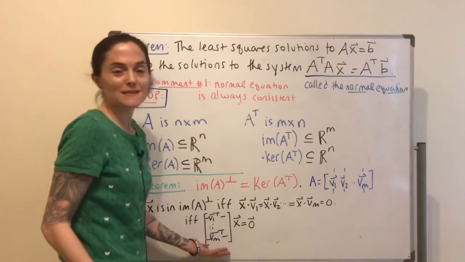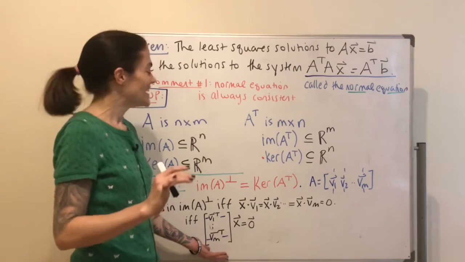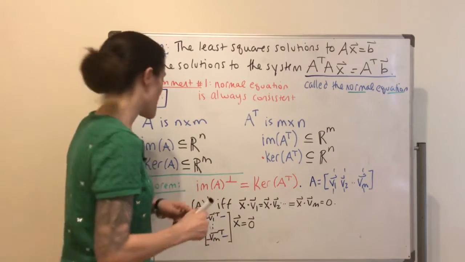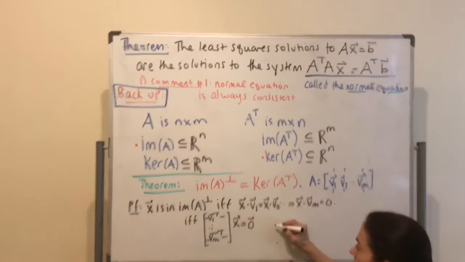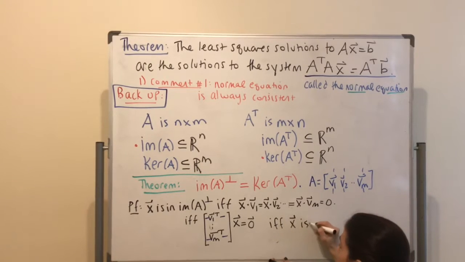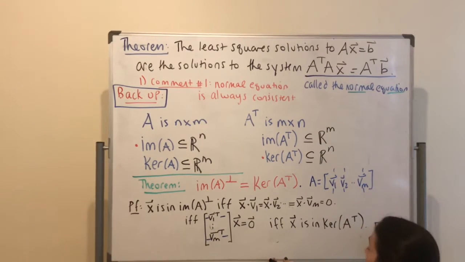But if you look at this matrix for a few seconds, you will realize this is A transpose. So that says if and only if x is in the kernel of A transpose. And that is the end of the proof of the theorem.